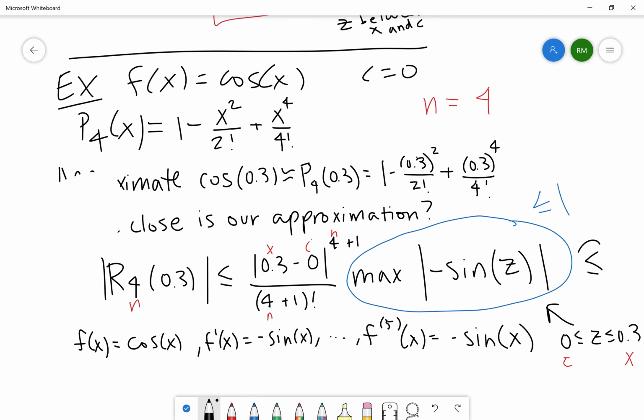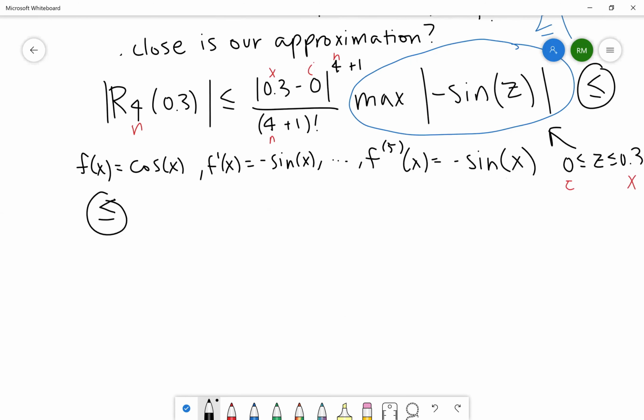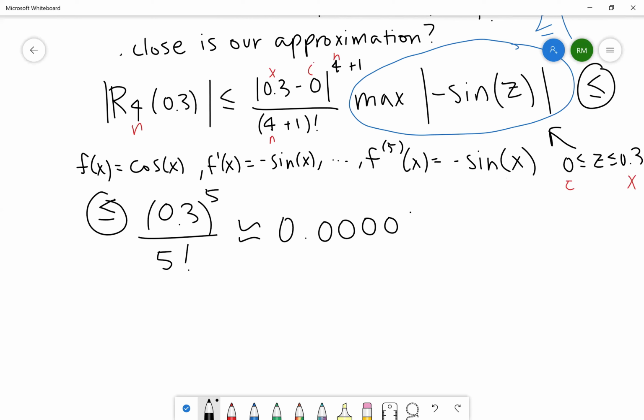So what we can do is we can continue our inequality, and we get this is just less than or equal to 0.3 raised to the 5th power over 5 factorial, which is about, let's see, 1, 2, 3, 4, 4 zeros, 2025.